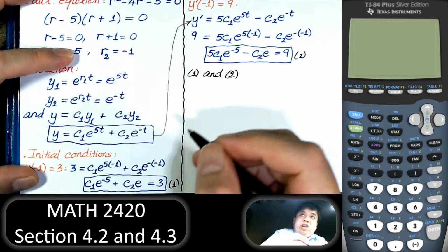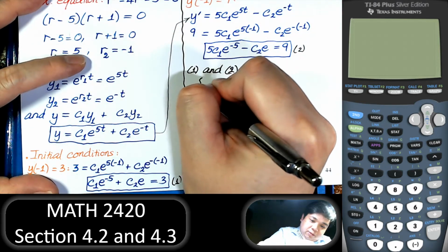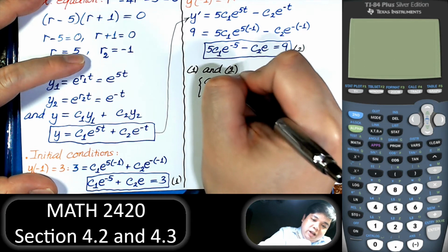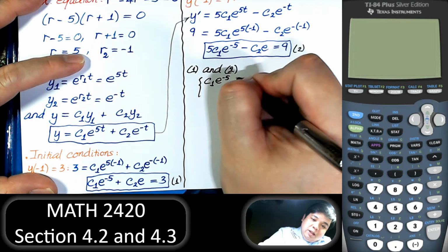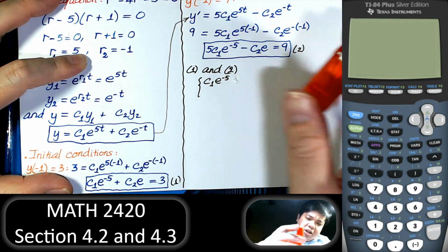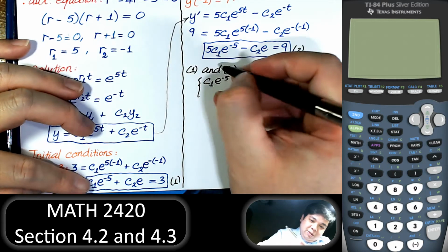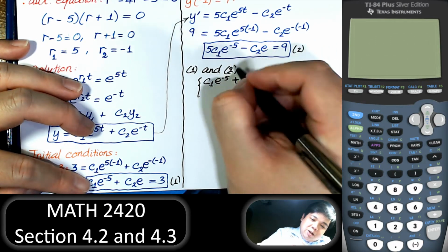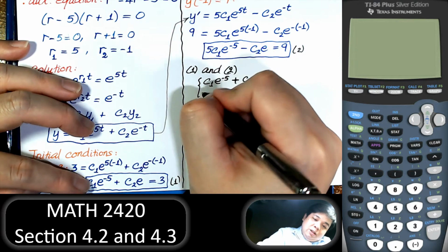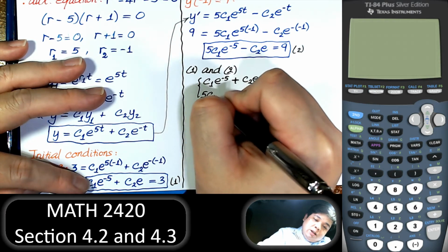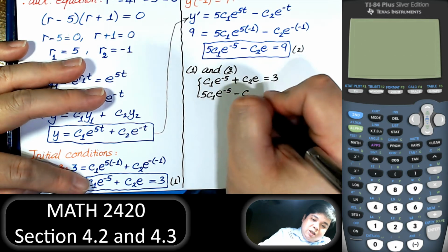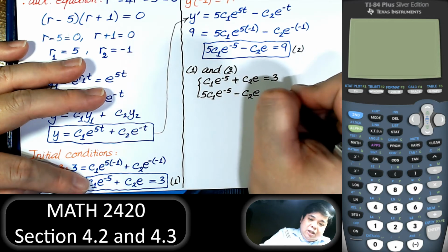So 1 and 2 give us this system: c1 e to negative 5 plus c2 e equal to 3, and 5c1 e to negative 5 minus c2 e equal to 9.